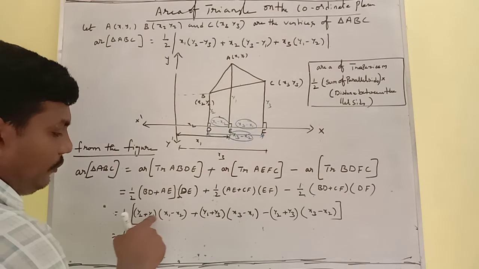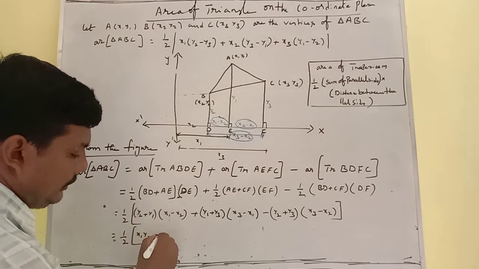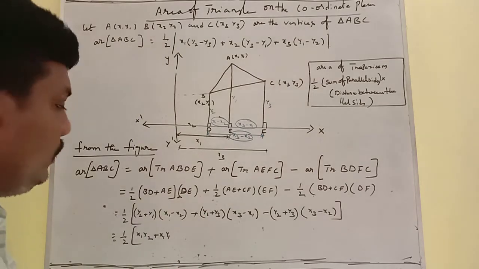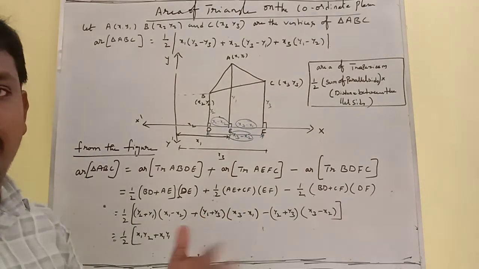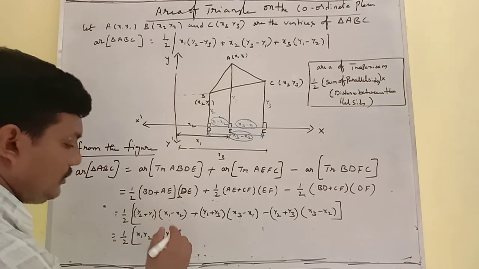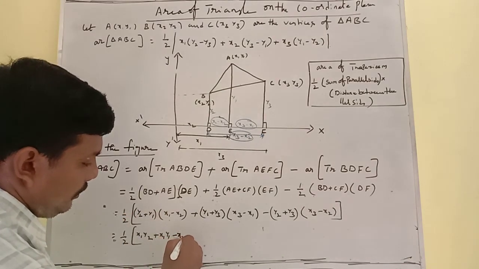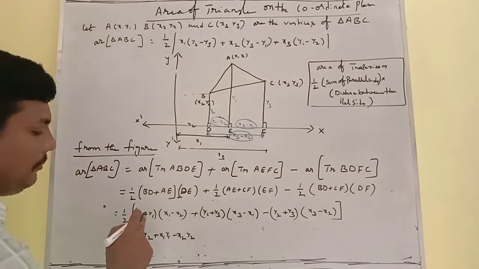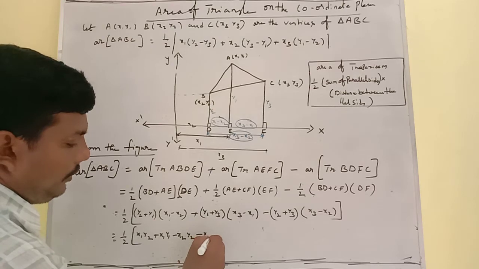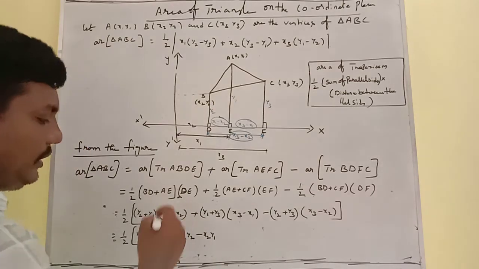Next y1 into x1, that is plus x1 y1. Whatever we multiply, I am going to write the product in order. Now y2 into x2 is minus x2 y2, plus into minus x2 y1. The first product is finished.